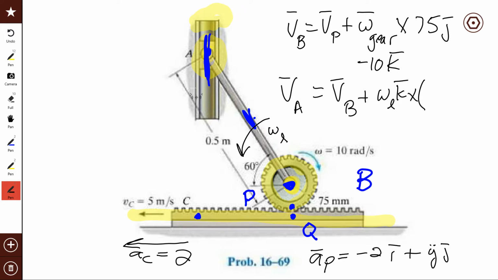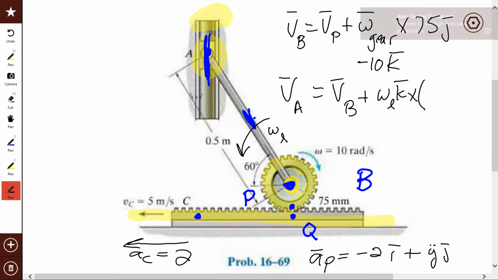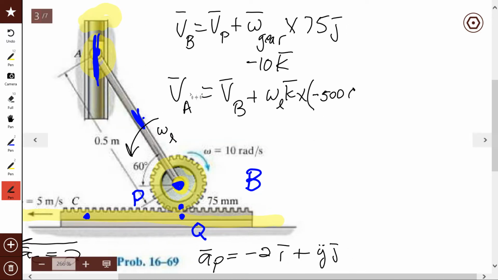From B to A. So I'm going to go left, and that looks like 0.5 cosine 60. Let's do it in millimeters. Oh, that's a meter. Okay, 500 then. So it'd be 500 cosine of 60 left, so it's negative i.